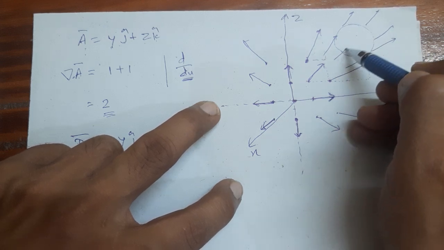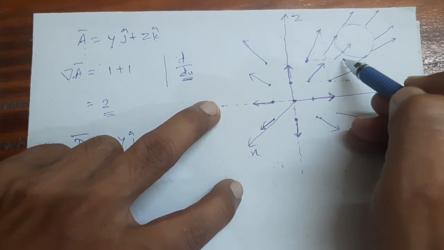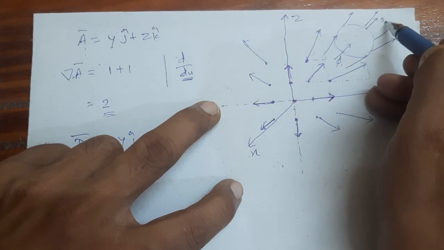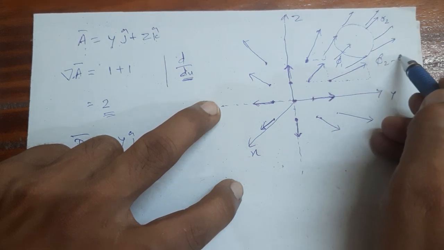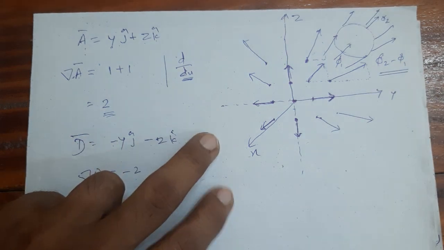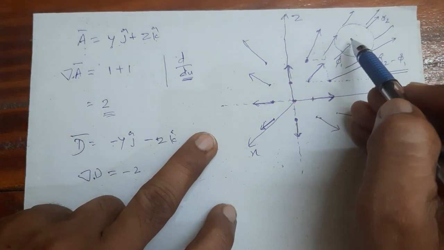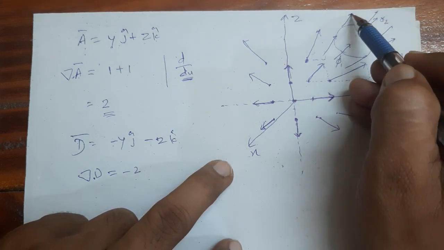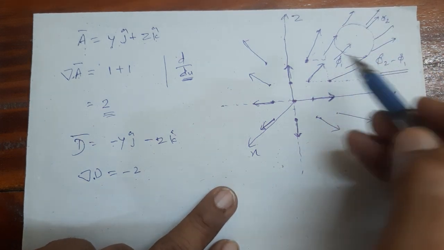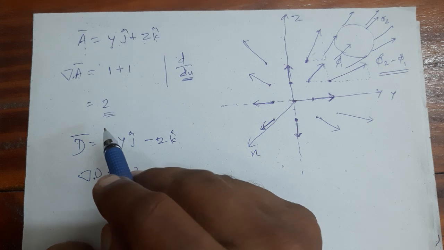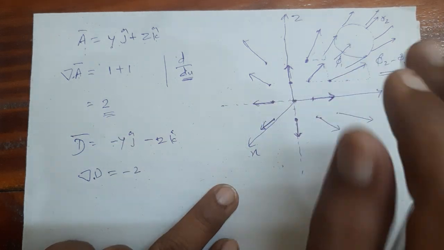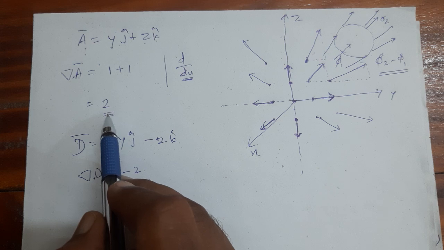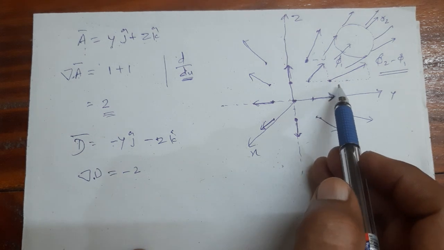If the total flux entering this volume is, suppose, phi 1, and the resultant flux leaving this is phi 2, then phi 2 minus phi 1 is known as the divergence. The overall flux is moving away from this. Later, at some higher level, you may realize the exact meaning of the divergence, but for right now it is sufficient. That will give you the divergence of that vector function.